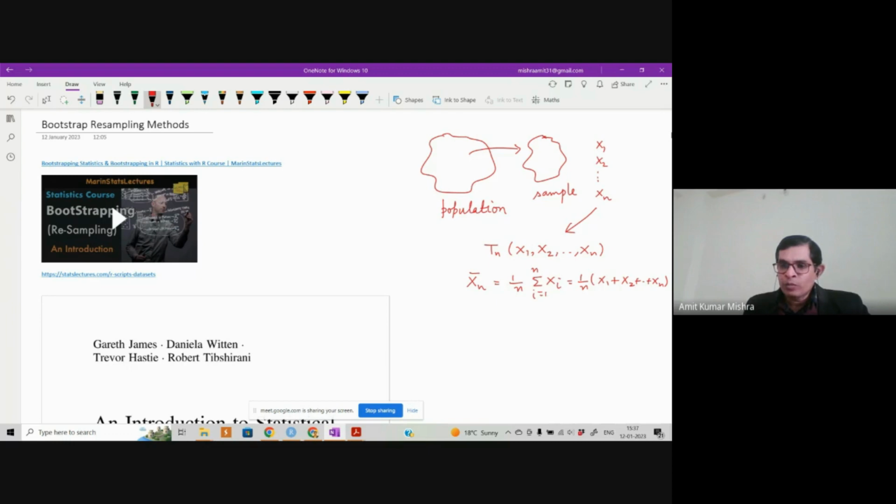Now theoretically, all of you know that if we repeat this process from the population, that means we take a sample, we have x bar for this first sample, then x bar for the second sample, call them x bar 1, x bar 2, then you take a third sample from the population and you will have x bar 3, and so on.